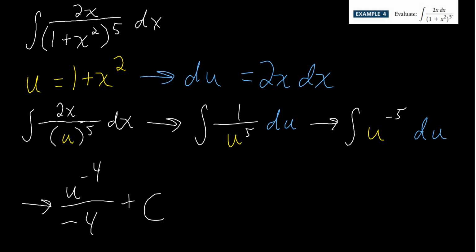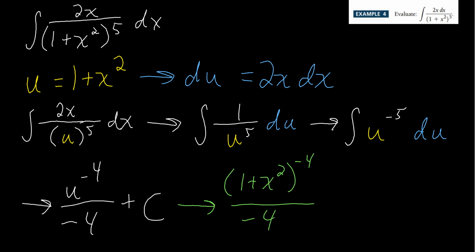And again, we didn't start with u, so we're going to make that substitution back in. 1 plus x squared. We'll just go ahead and keep it in the numerator for right now. We're going to have 1 plus x squared raised to the negative 4 power over negative 4. I really don't want to do this on the next page.